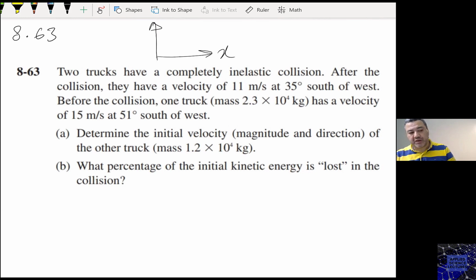This is a two-dimensional, completely inelastic problem. So in this case, x will be pointing toward the east. This is west, and this is south.